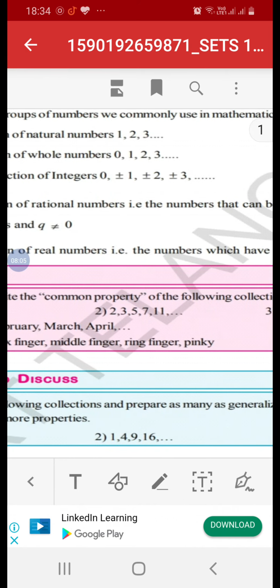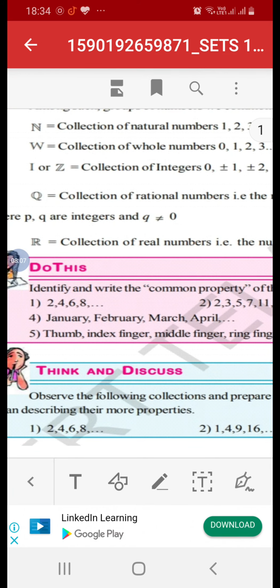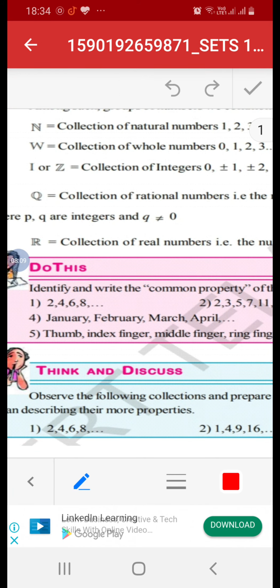Now let us come to the next one, the fourth question. Here you can see January, February, March, April and so on. So here what is the common property? Yes, what you said is correct, they are the months in a year. Is it clear?